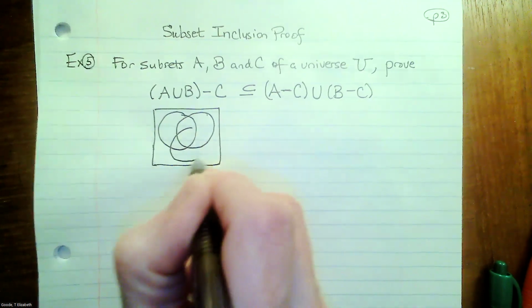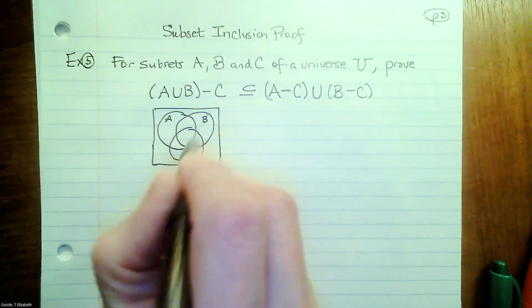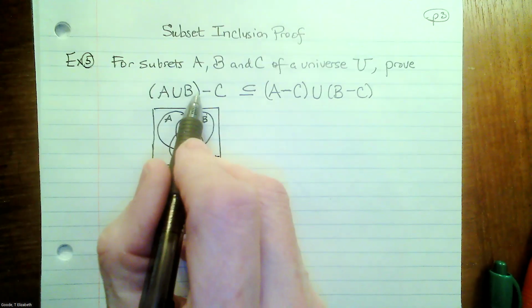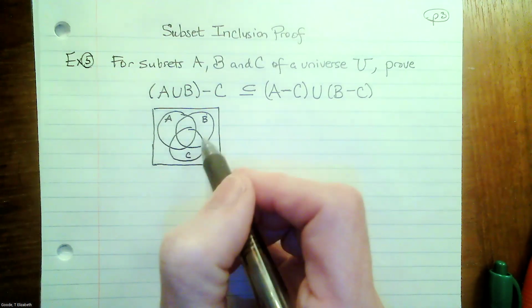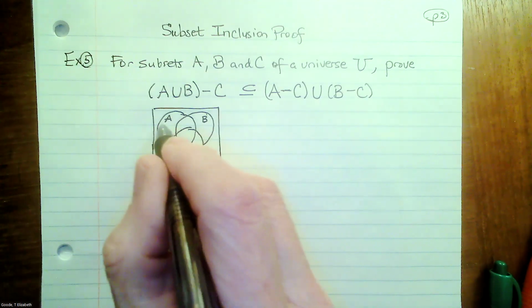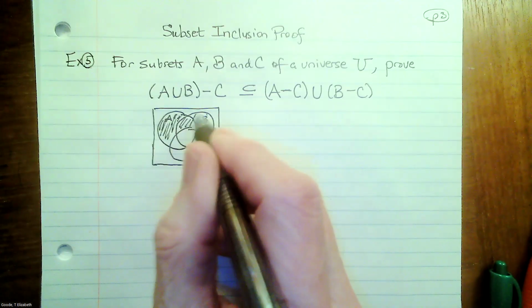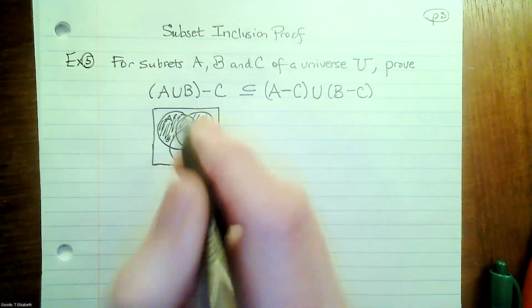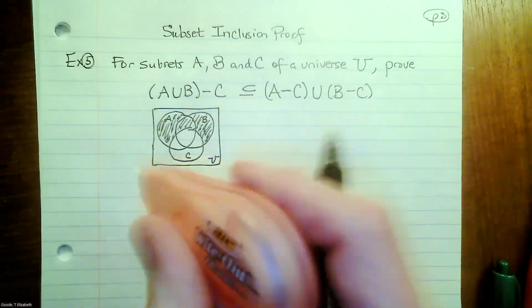B and set C. Okay, so here's A, here's the circle for set B, and here's the circle for set C. They're all living in a universe. So A union B, if we shaded that, would be everything that's in A or in B. But then we're subtracting C away from that. So I think it's going to be these regions. Do you agree? This is the region that's A union B minus C.